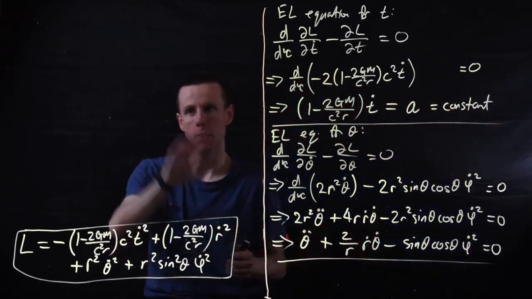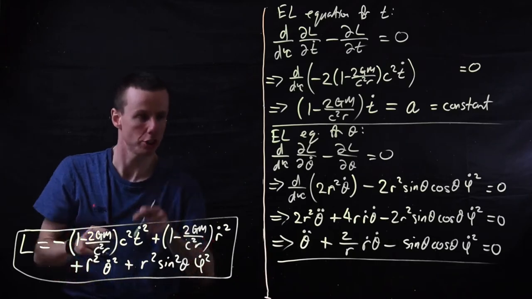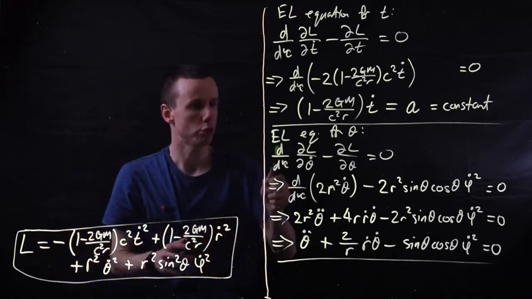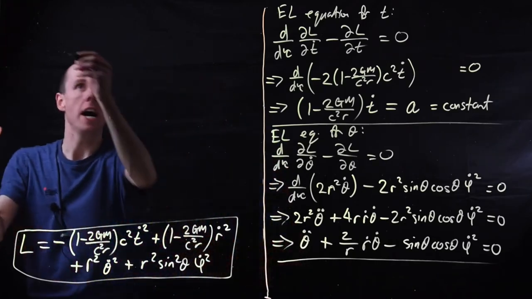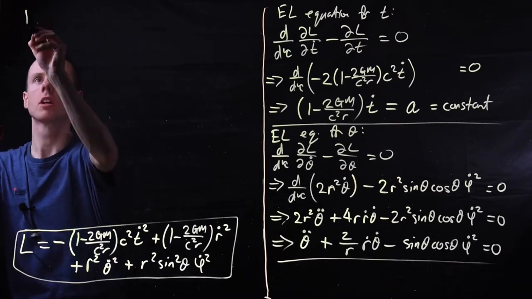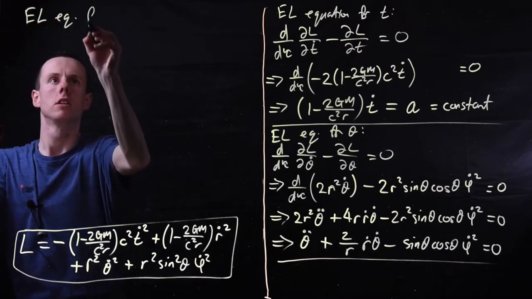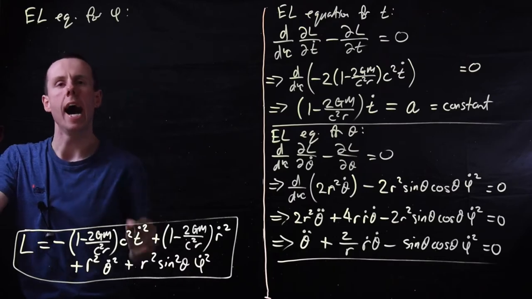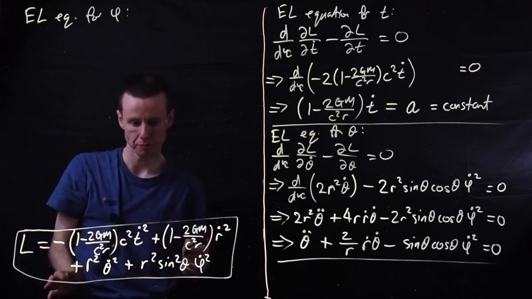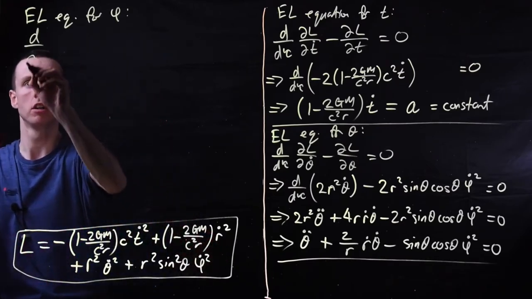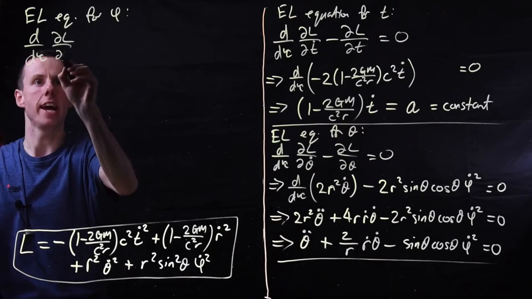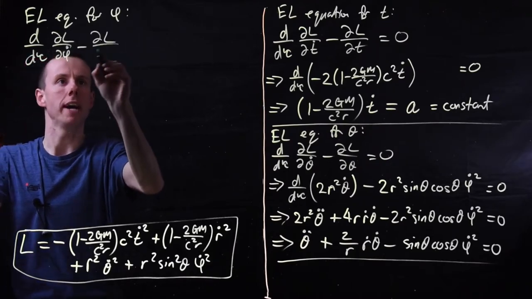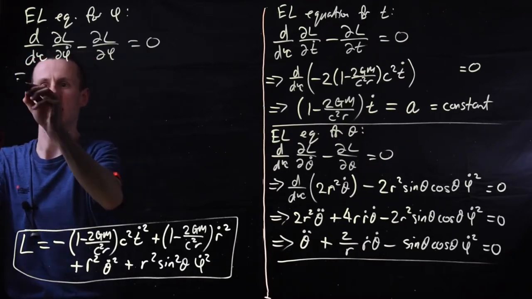Okay, so I've erased part of the board. I've kept the Lagrangian down here. Let's do the Euler-Lagrange equation for phi next. What we will get is as follows. d by d tau of the partial of L with respect to phi dot, minus the partial of L with respect to phi, is equal to 0.